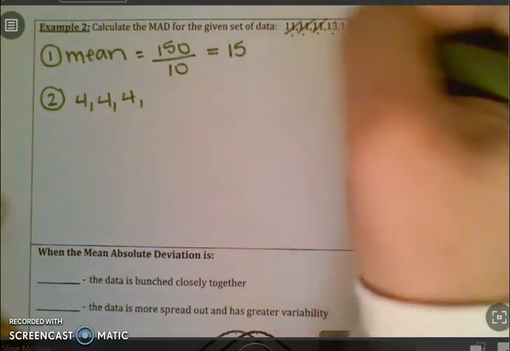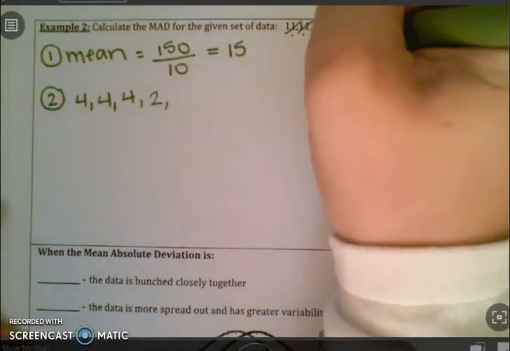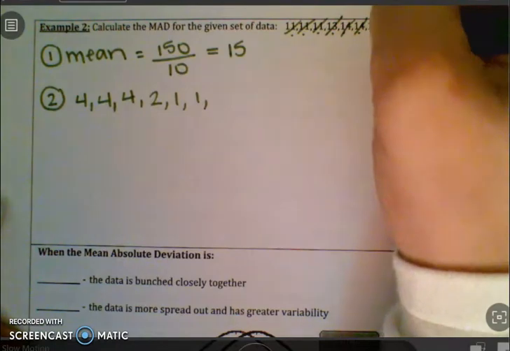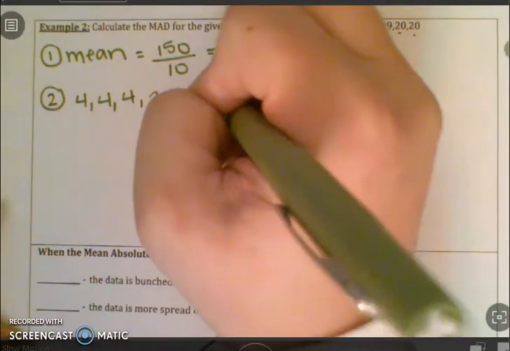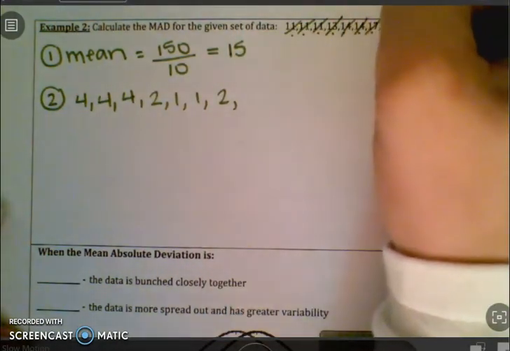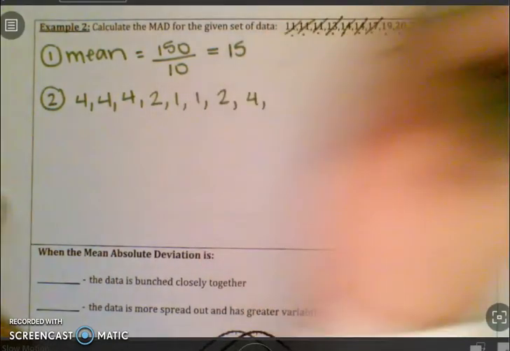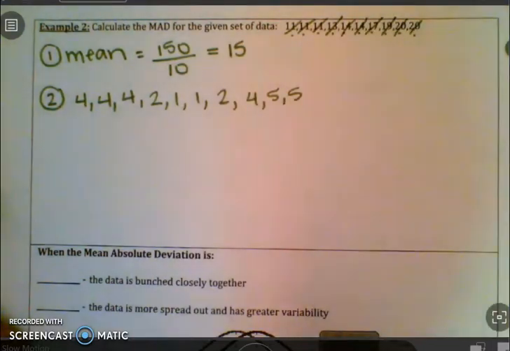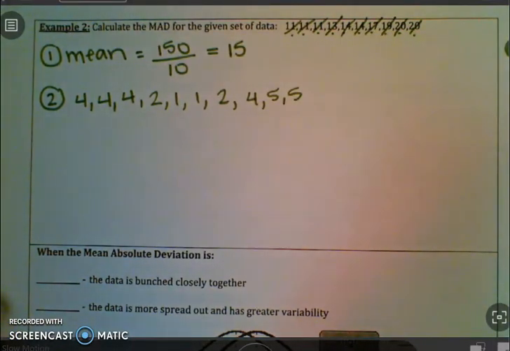Okay, so I finished the 11. 13, there's a difference of 2. 14, there's 1. 17, so between 15 and 17, there's 2 spaces. 19, there's 4 spaces. And 20, there's 5. So I just went ahead and found the difference between the two, and I just made it positive.